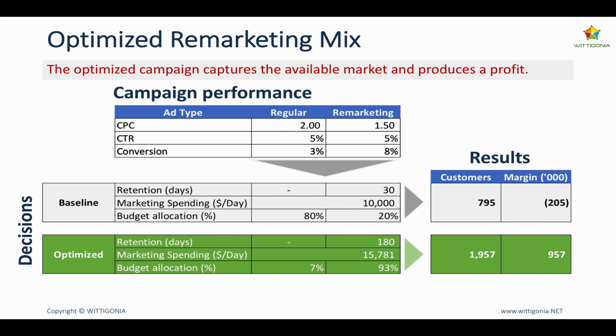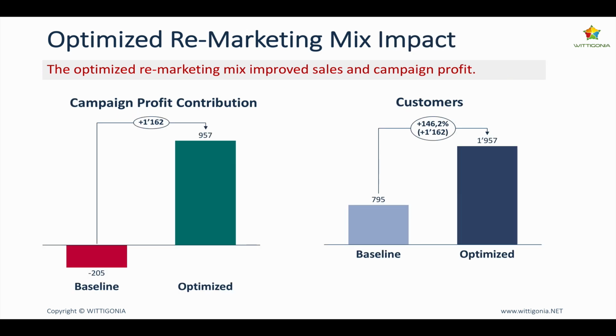So if we add up all the profits that we generate during the campaign run, in other words, with an optimized mix, we have a much improved impact on sales and campaign profit. So we turned around this project from a loss maker into a profitable campaign, and we increased the number of customers that we have captured in the market.